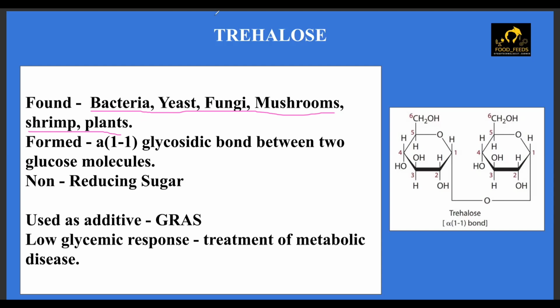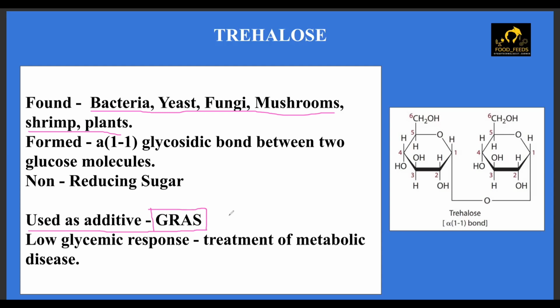One important application of trehalose is as an additive in most processed food in Japan and other countries, because it acts as a stabilizer and also helps protect against the loss of moisture. It is also GRAS certified, that is, generally recognized as safe.